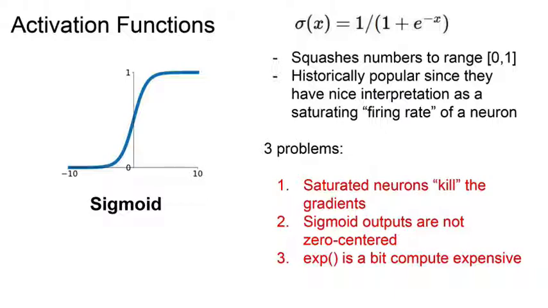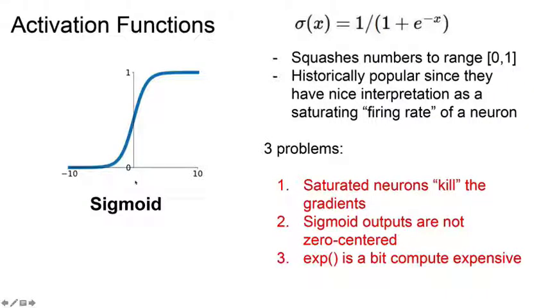Now the problem arises that if the value of x for which you are taking the derivative is a very large positive or a large negative value, then what is the slope of this function near the tails? It's 0, right? So the gradient of a sigmoid when x is large, whether positive or negative, is 0. And in the vicinity of 0 itself, when your x is very small, the slope is again 0.